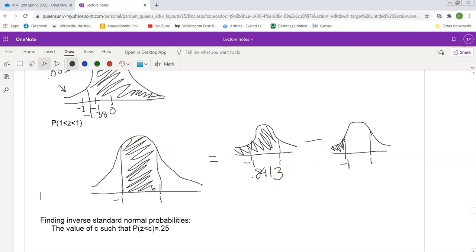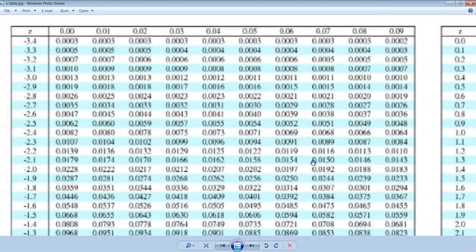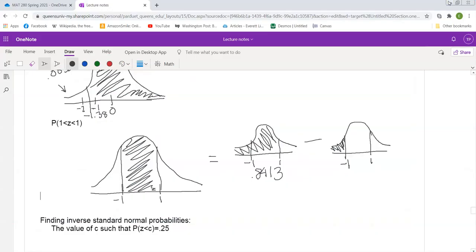So if I look up -1.0, that gives me 0.1587.